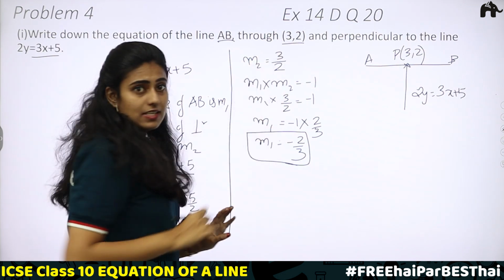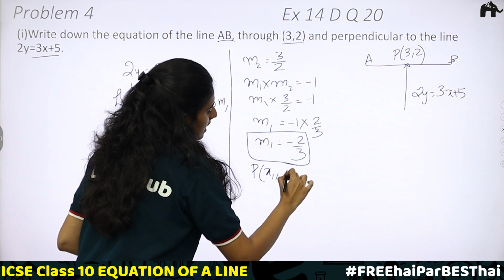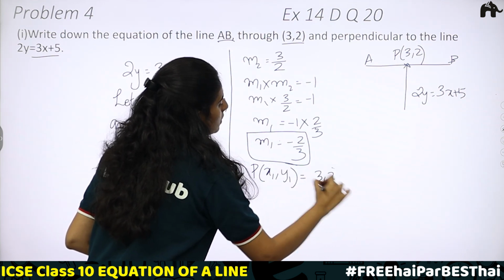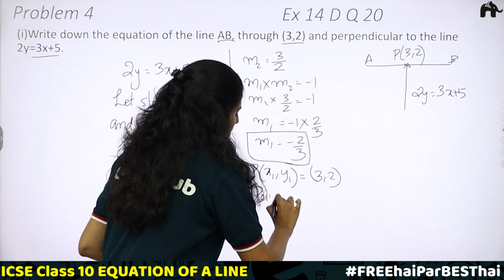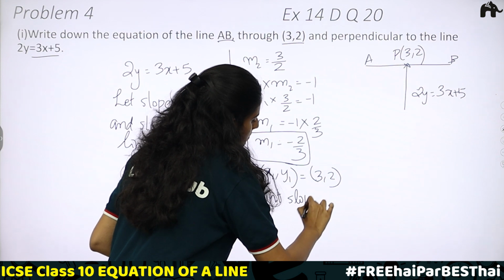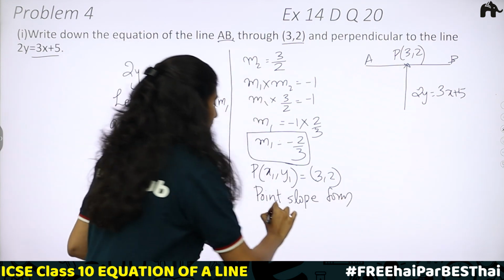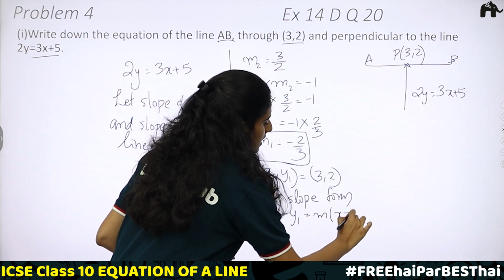Also a point is given, with coordinates, let us take (x1, y1) = (3, 2). Now we can use the point slope form. What is the point slope form? y minus y1 is equal to m into (x minus x1).